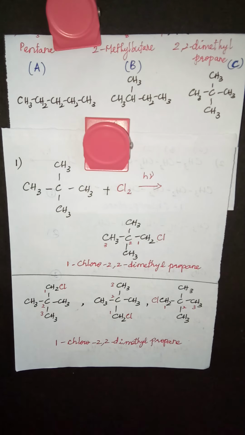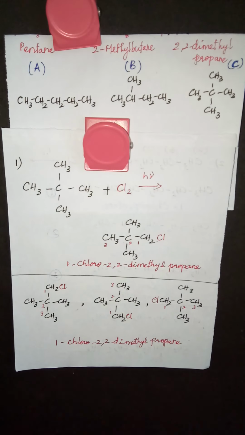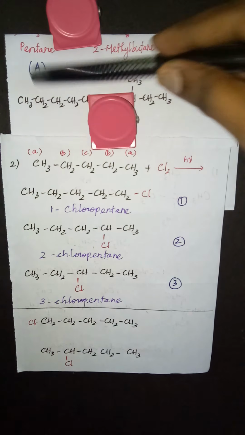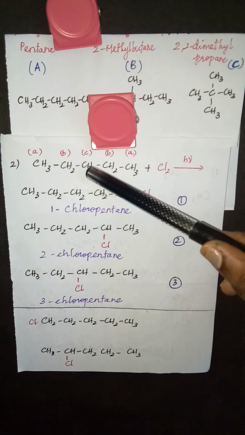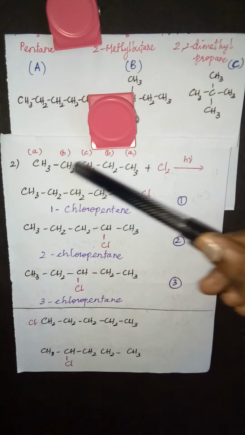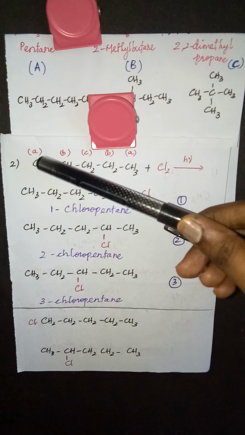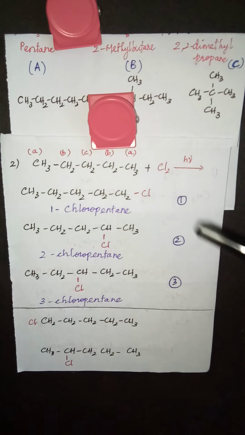Now what is the second question? Which of these three isomers will yield three monochlorides? Now among the three, I'm taking the first one. This is pentane. In pentane, I have three different hydrogen atoms. See, A, B, C and B, B. These two are same hydrogens and these two are same hydrogens, because whether you replace this with chlorine or this with chlorine, you end up with the same product.